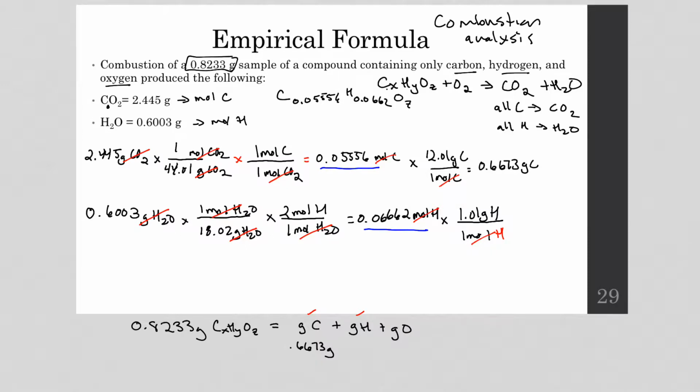And I end up with 0.0673 grams of hydrogen. So if I put my grams of hydrogen down here, I have 0.0673 grams.